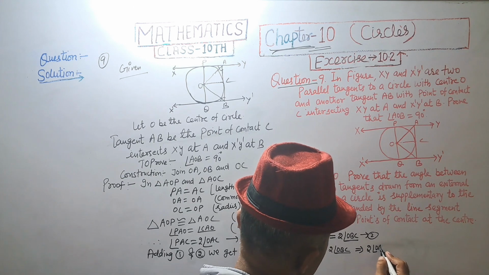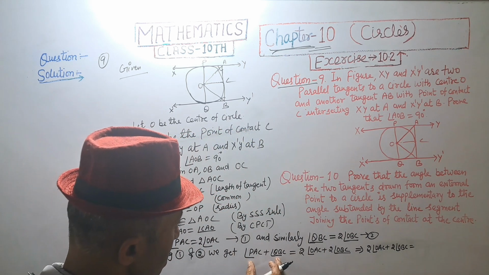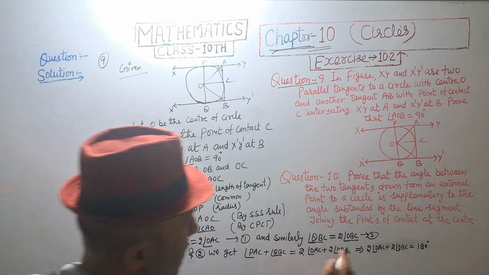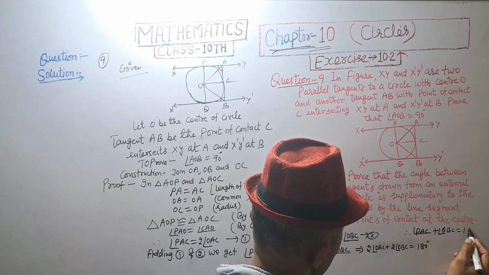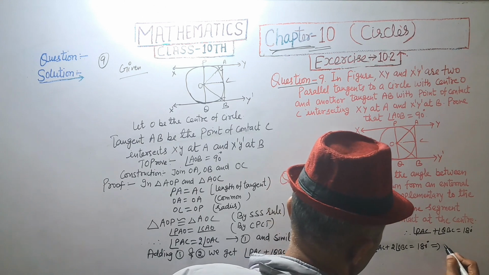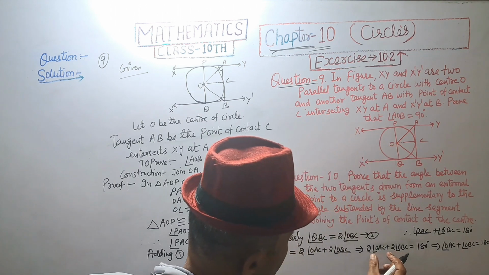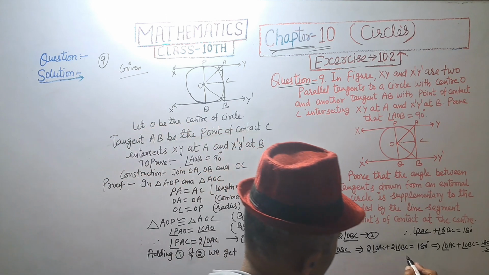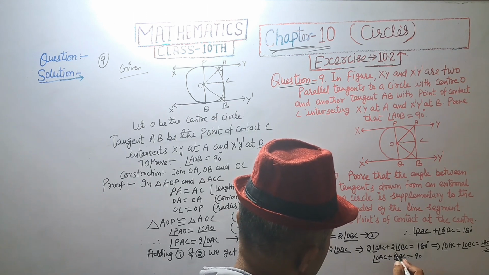Since angle PAC plus angle QBC is equal to 180 degrees, taking 2 common and dividing by 2, angle OAC plus angle OBC is equal to 90 degrees.